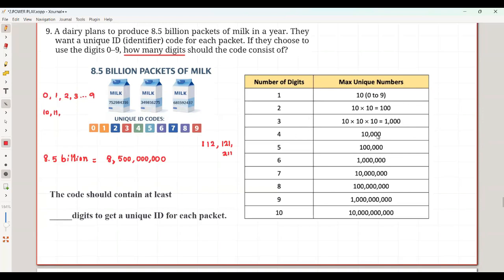If I take 4 digits, I'll get 10,000; 5 digits, 100,000; 6 digits, 1 million.